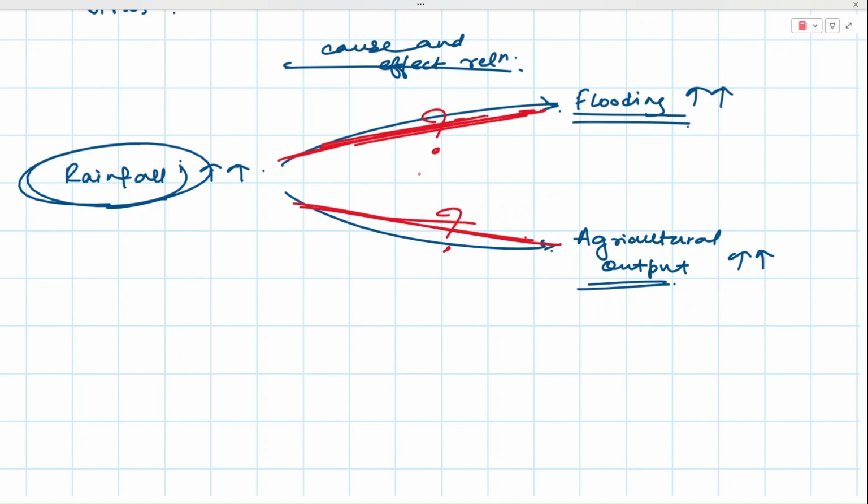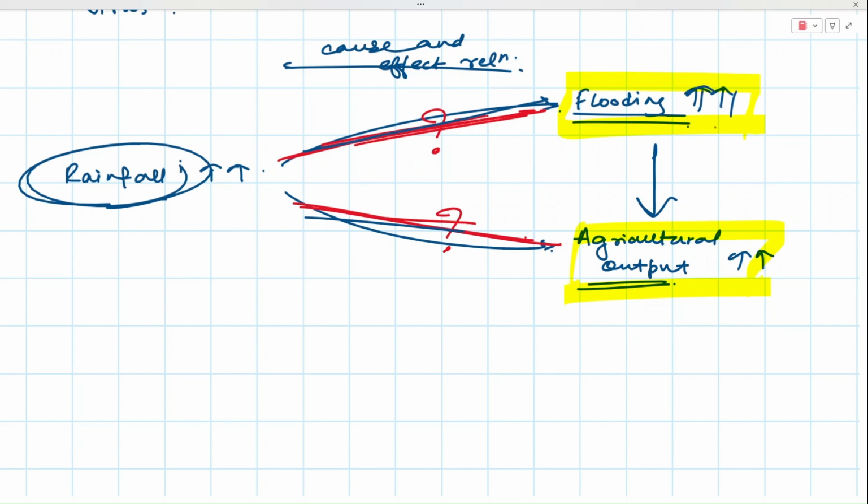The problem here is, if you do not know these two and you look purely at data, nothing is stopping you from saying flooding increases, so agricultural output increases, so that means flooding causes agricultural output. Exactly where can I not say that flooding causes agricultural output?